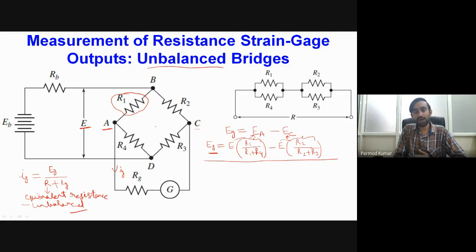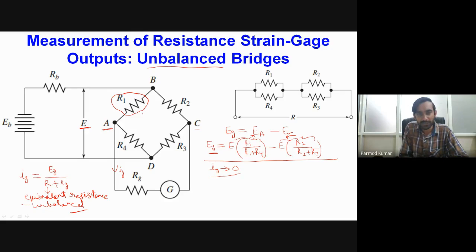If we consider a very small unbalanced situation, I can consider that my galvanometric current is tending to 0.